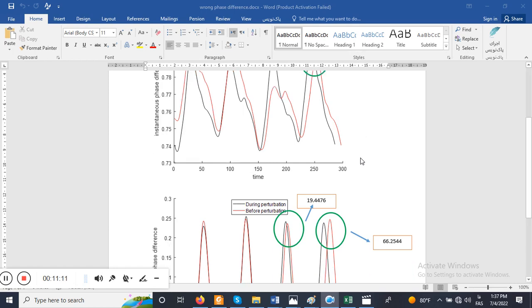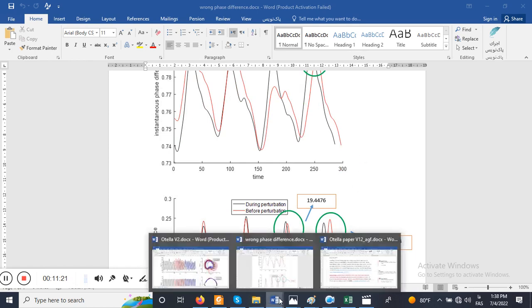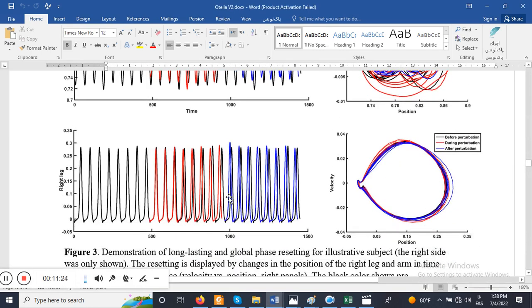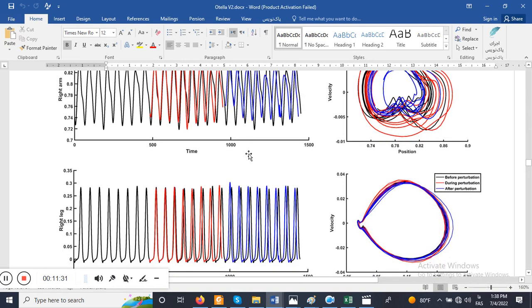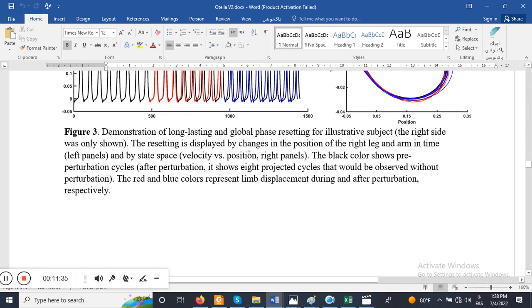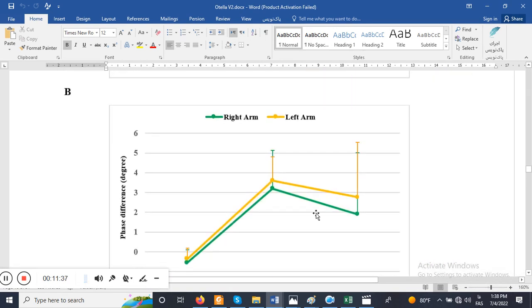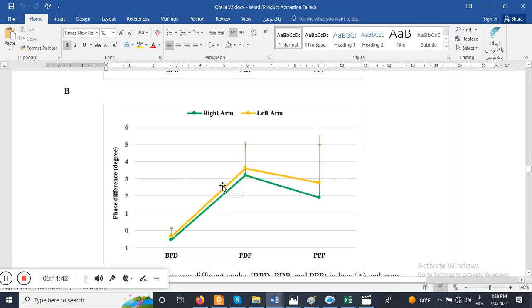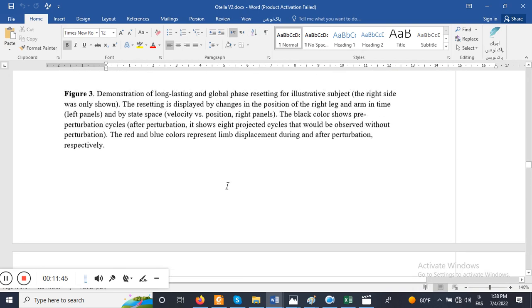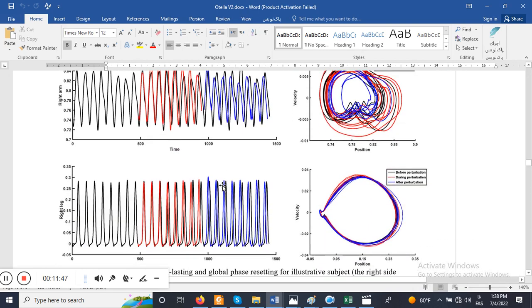So here maybe it is a bit confusing, and we don't know how to report this. When we represent this figure, the amount of phase shift between the legs and hands are the same, but in this figure they are not the same, because these figures are the average components, and these figures are only for the one component.